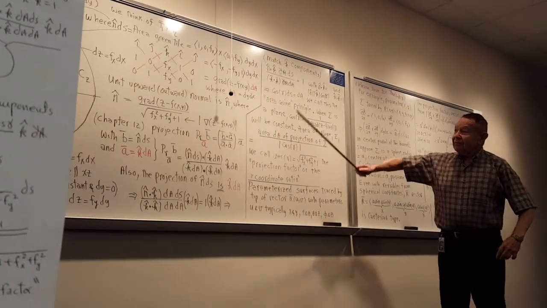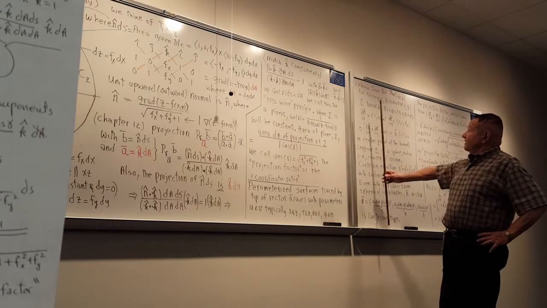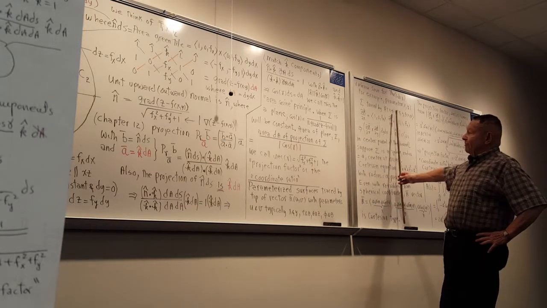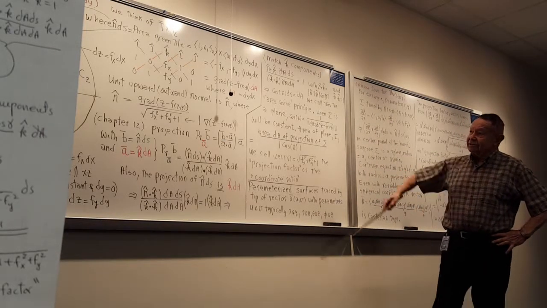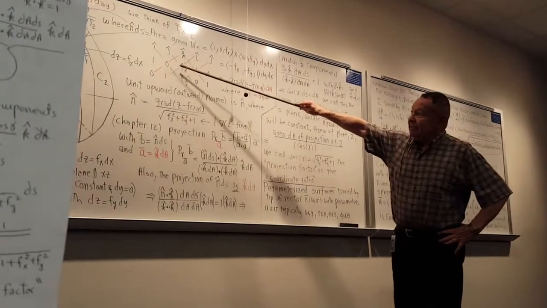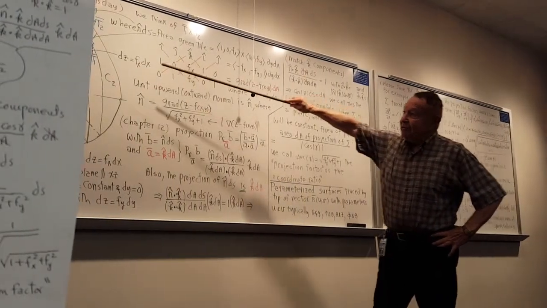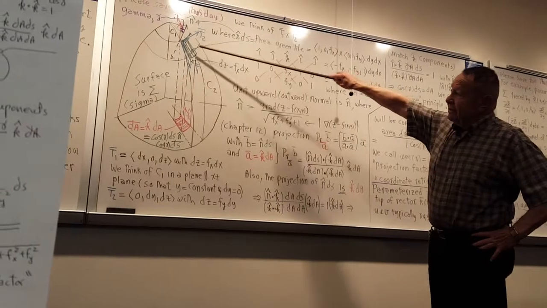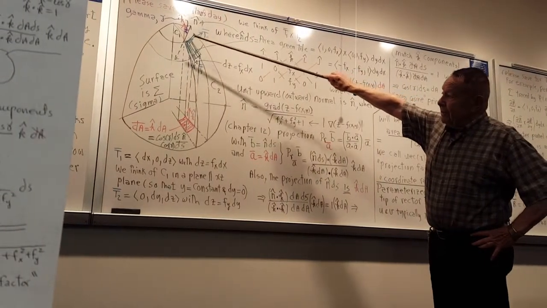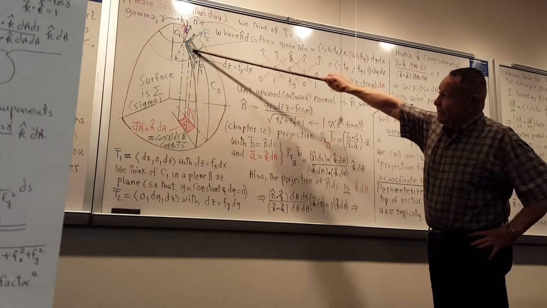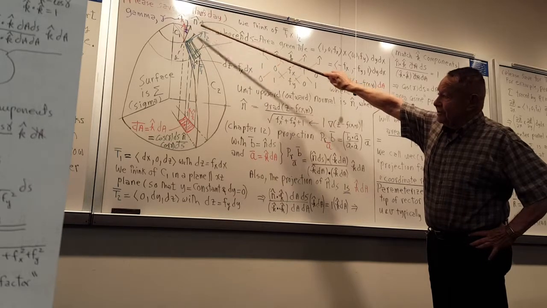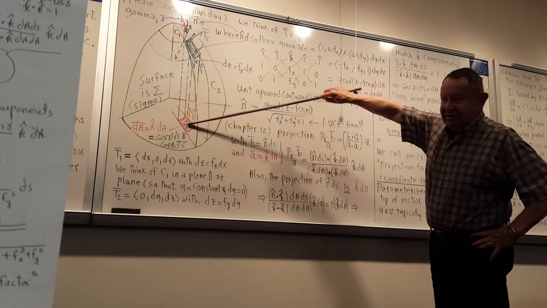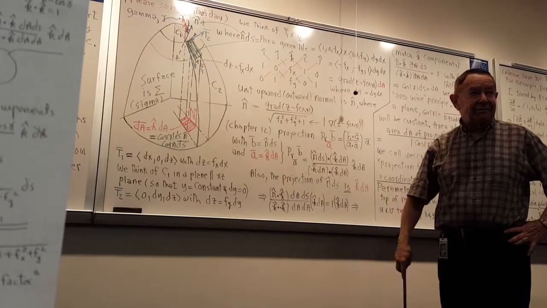So what the cross product of the partials from your parameterization gives you is the same thing that you get if you approach the problem by comparing the areas of tiles that are on a slant to the areas of their projections down here.